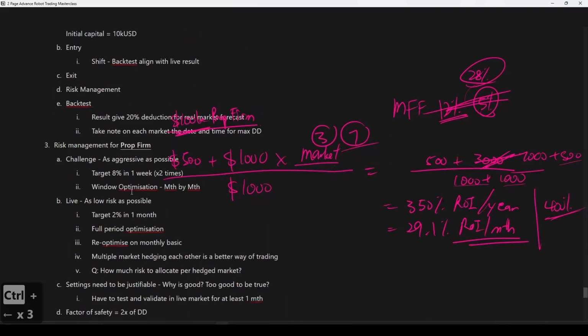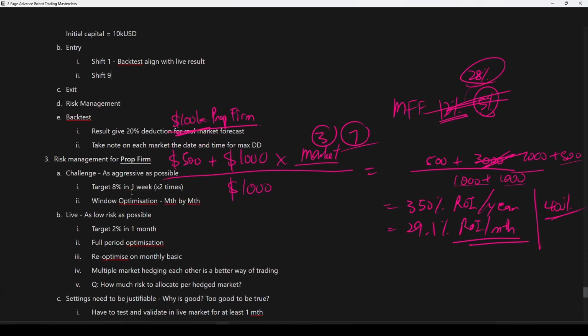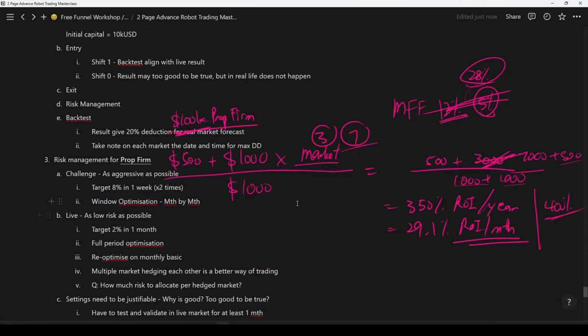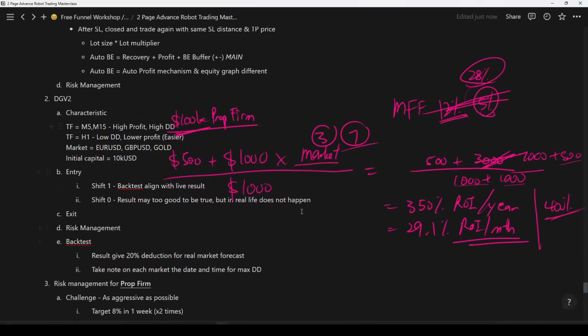If you are not using Shift 1, the Shift 0 result may be too good to be true, and in real life it does not happen. This is what we found in the R&D: in real life the market may just go down and up one time only, but in the backtest it may go up, down, up, down, up, down, which generates a lot of illogical profit.